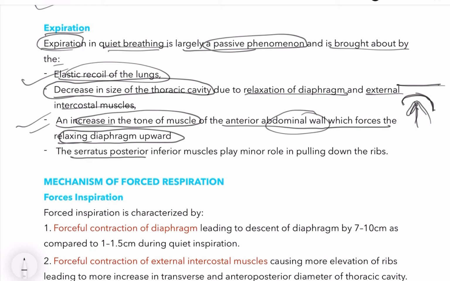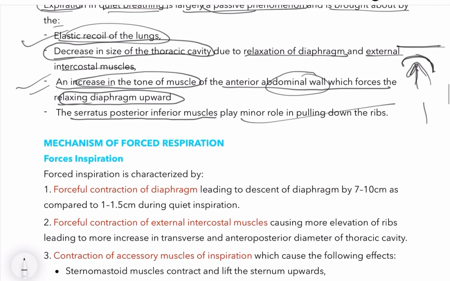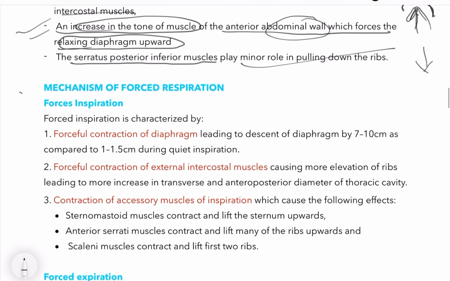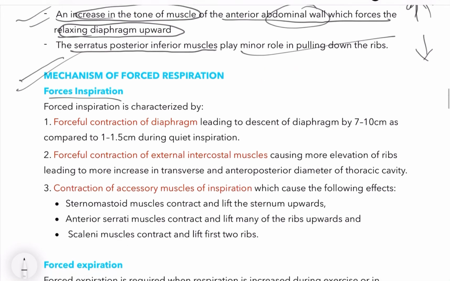The serratus posterior inferior muscles play a major role in pulling down the ribs. In pulling down the ribs, the role of which muscle? Serratus posterior inferior muscles. Now, mechanism of forced respiration. As we have discussed the normal, now we will discuss the abnormal, that is forced inspiration. Now if there is forced inspiration, what are the changes we are going to see?